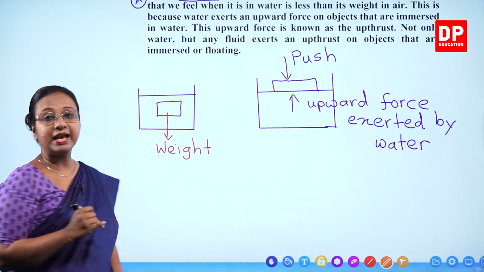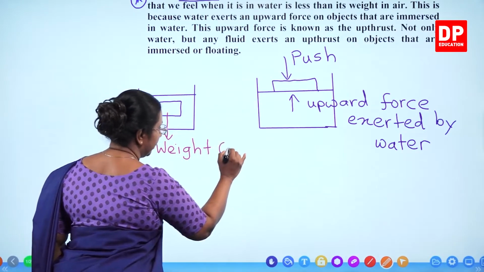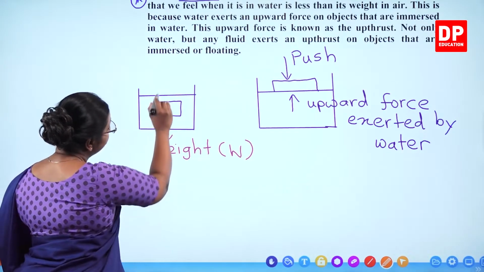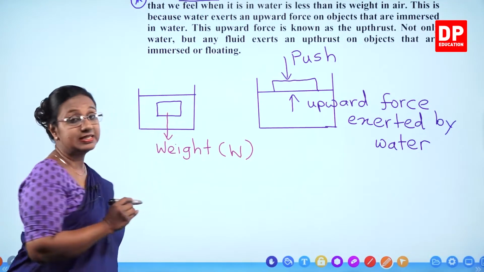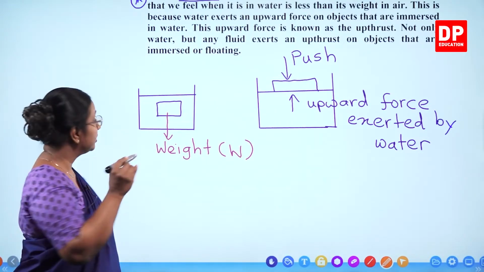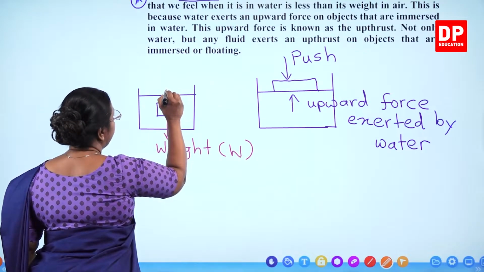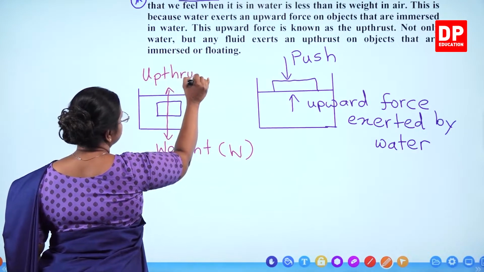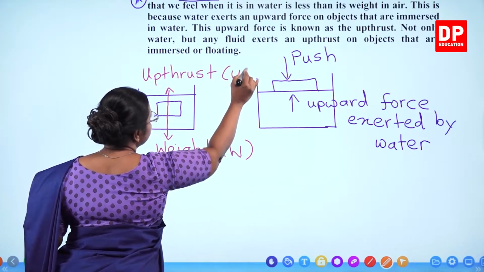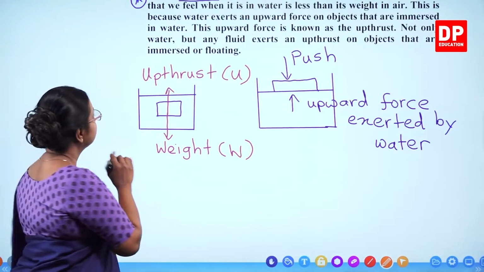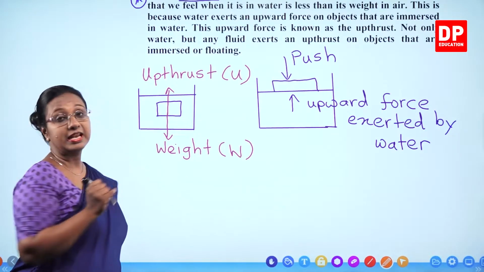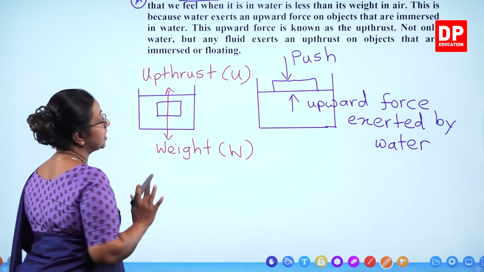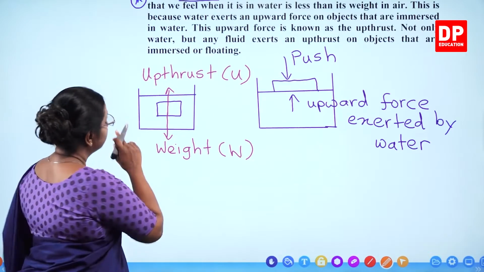Weight will always act downwards. You can show it as weight, or you all know we use the letter W. Then the liquid or the water, the fluid, is exerting an upward thrust. So that will always act upwards. So here it's going to be the upthrust. We can use the letter U, because it's upthrust, upward thrust. So usually the weight is downwards, upthrust is upwards.